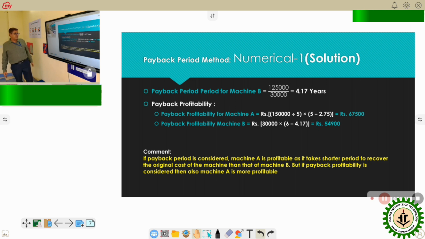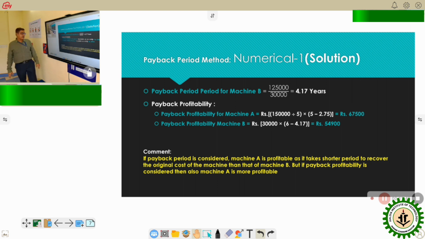In our case, machine A has a payback period of 2.75 years, which is lower than that of machine B, 4.17 years. So on the basis of payback period, we will select machine A over machine B.